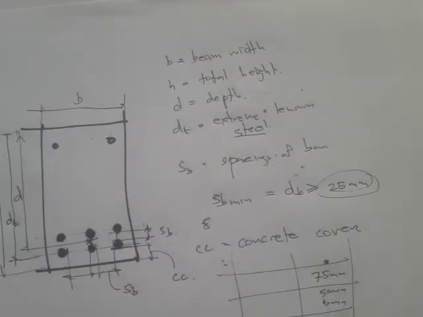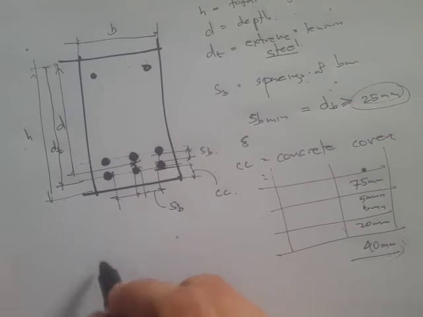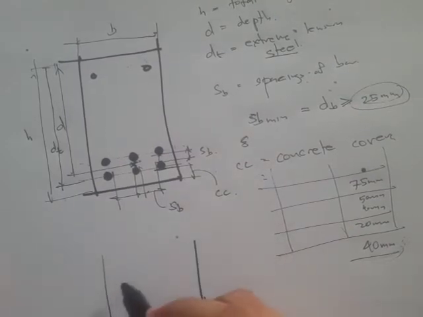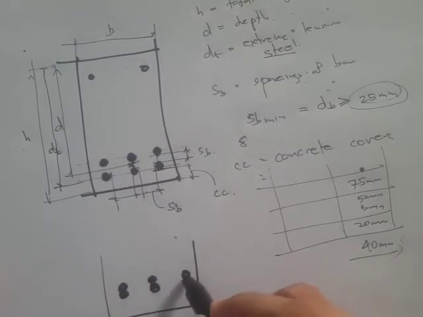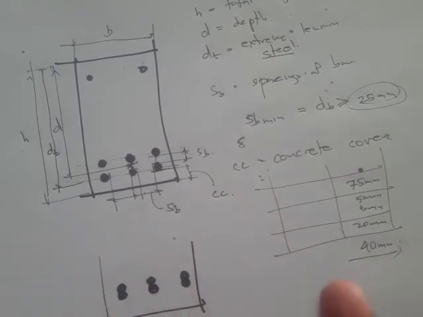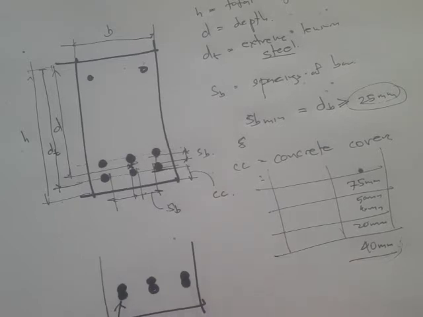It's also possible to have bundled bars, for example you bundle two bars so that it acts like a single layer. So you can do so, and that's what we call bundled bars.